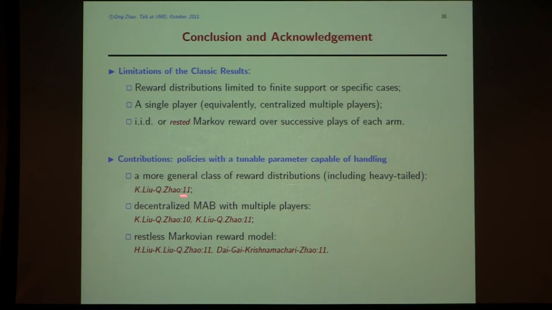The policy we propose can also be used for decentralized scenarios with multiple distributed players, and it can also handle the restless Markov model. This is joint work with two of my students, Kevin Liu and Haoyang Liu. The work on the last part I just mentioned is also joint work with Professor Krishna Machari at USC. And that's all.